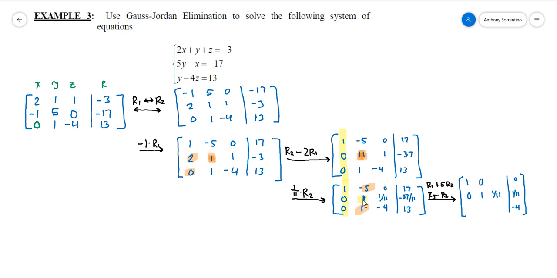It becomes a 0. 0 plus 5 times row 2, or 5 times 11, is going to give me a 55. And 17 plus 5 times negative 37 over 11 becomes 2 over 11.